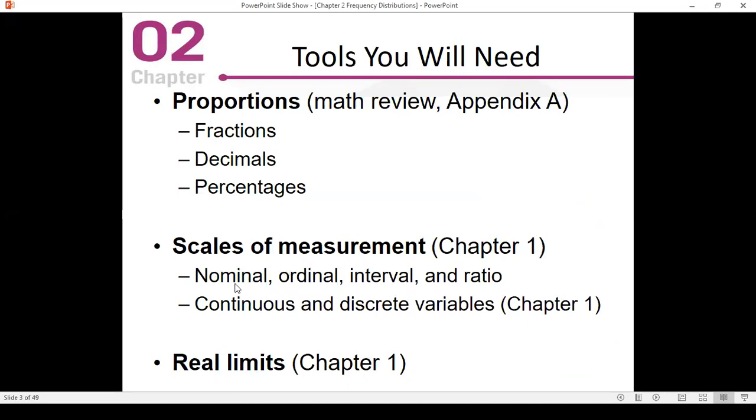We've already covered that in the class, but the kind of scale that you're measuring your data on has implications for what kinds of graphs are available. Same goes for whether your variables are continuous or discrete. And the real limits of continuous variables will come into play. I'll bring that up as we go along here. But if any of this is completely unfamiliar, you want to go look at the appendix or the appropriate chapters and polish up your skills.